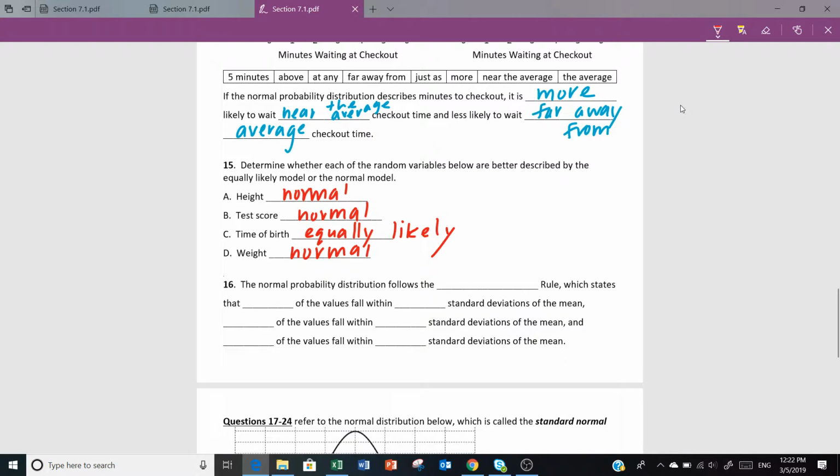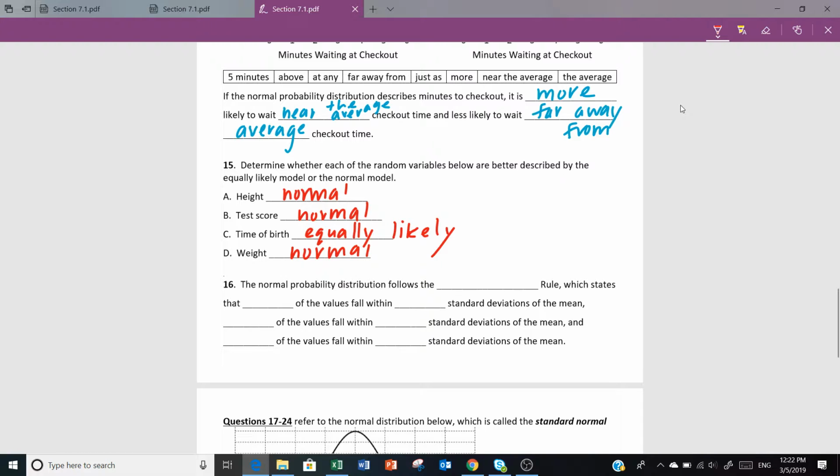It's like 68. That's for the most part, correct.